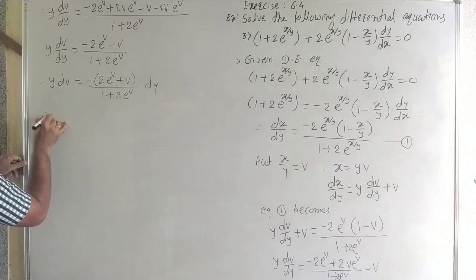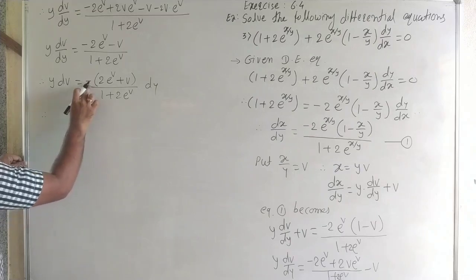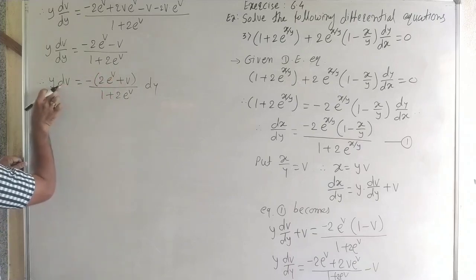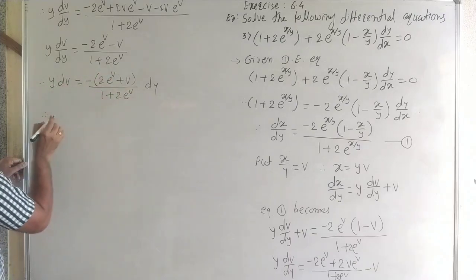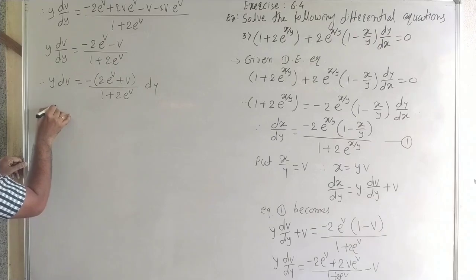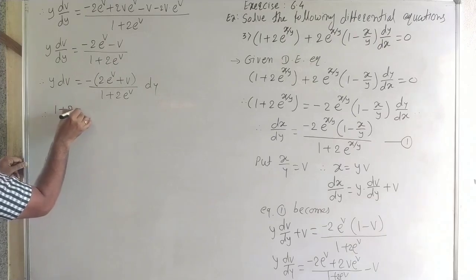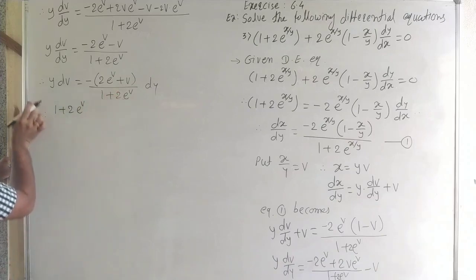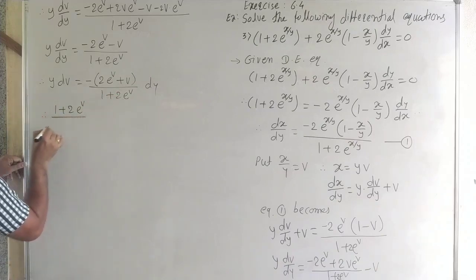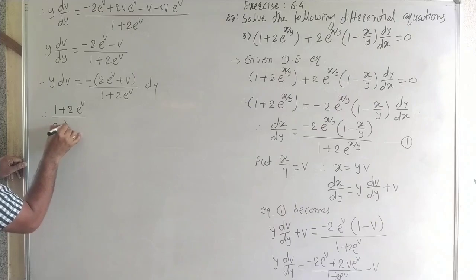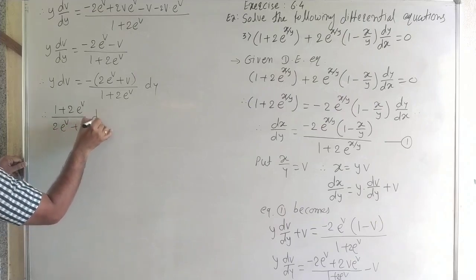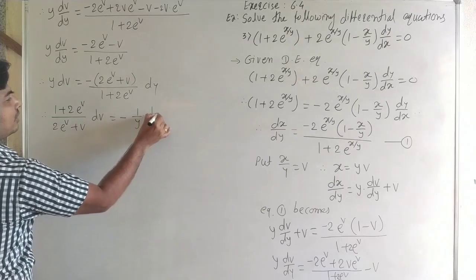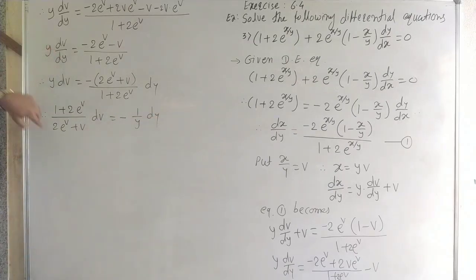Then here we can write the terms of v with dv and terms of y with dy. Therefore it is 1 plus 2 e raised to v in the denominator. We can write in the numerator on the left hand side. 1 plus 2 e raised to v upon 2 e raised to v plus v dv is equal to minus 1 by y dy.